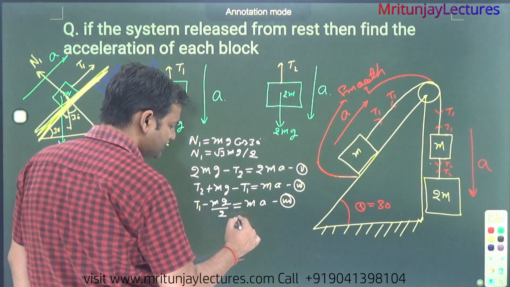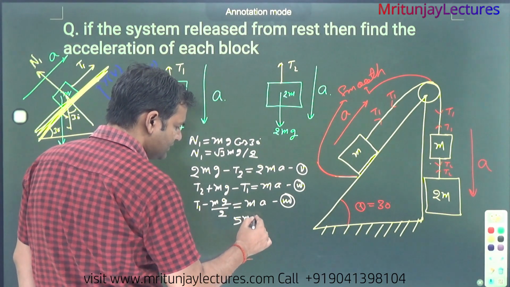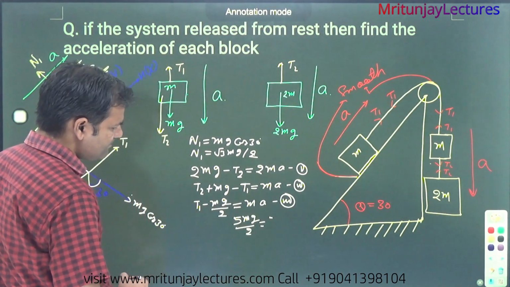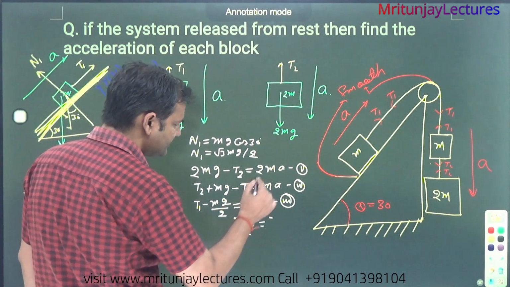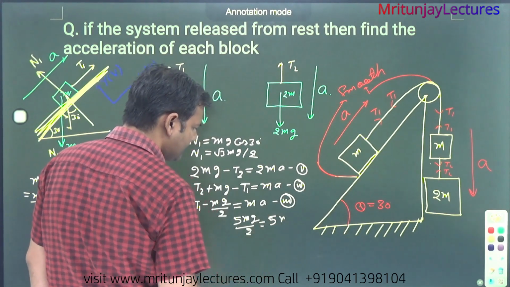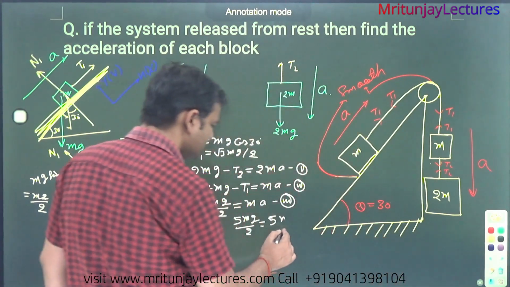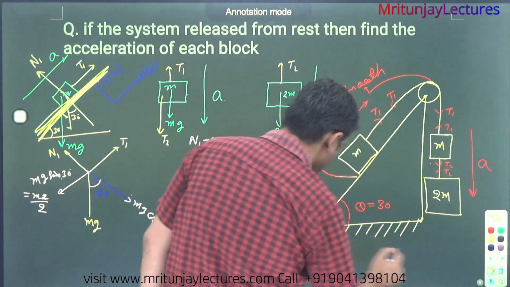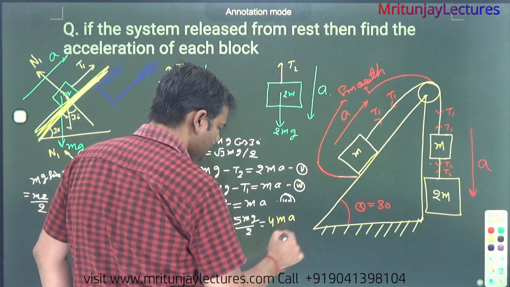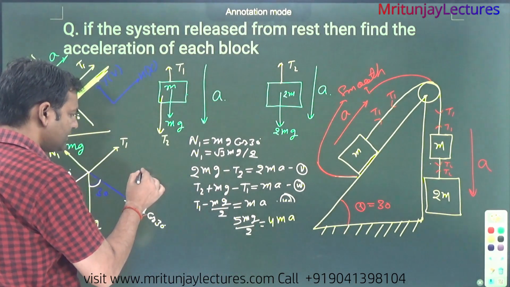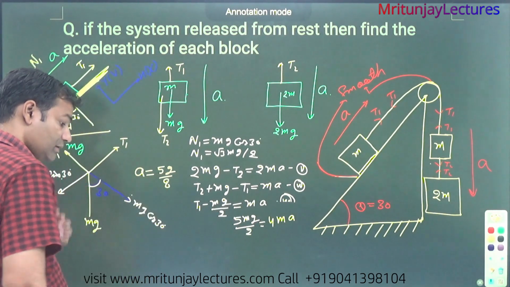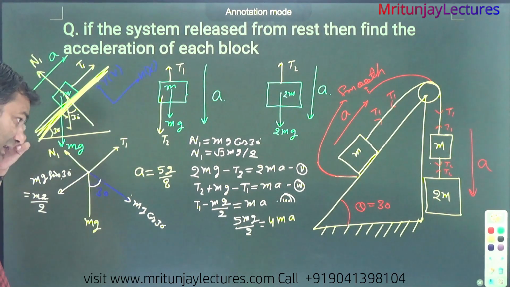So it is written as 5 m into g divided by 2 equals 4 m into A. So what about A? A is finally 5g divided by 8.